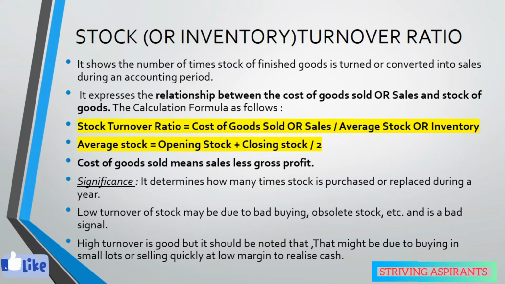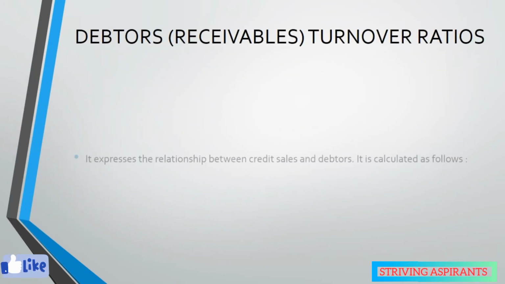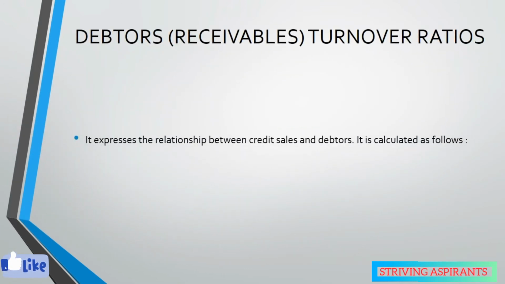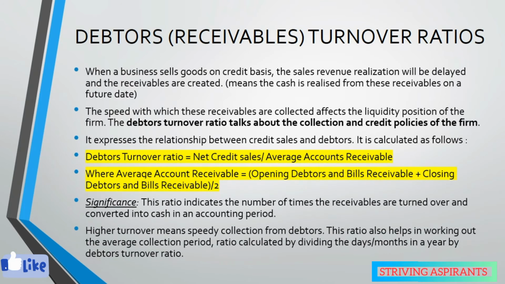Next one is debtors or receivables turnover ratio. When a business is selling goods on a credit basis, customers are created, and the debtors will be paying the amount at a future date. So the receivables are created here.